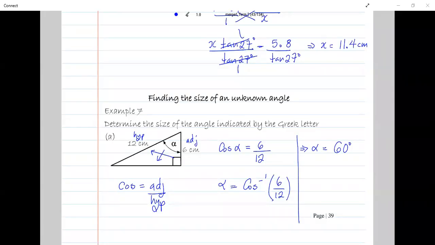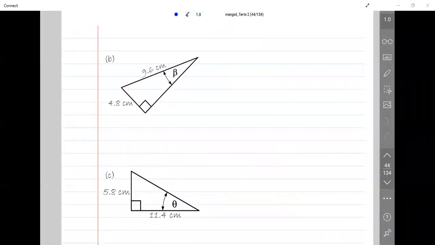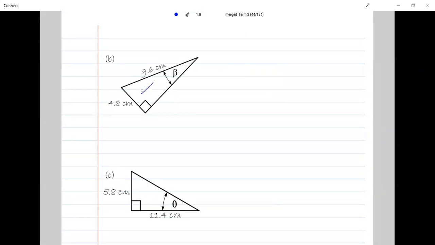All right, so let's move on to B. In B, this side is opposite to the angle. The side in front of the right angle is the hypotenuse. The ratio that includes opposite and hypotenuse is sine. So I'm going to say sine is equal to opposite over hypotenuse.